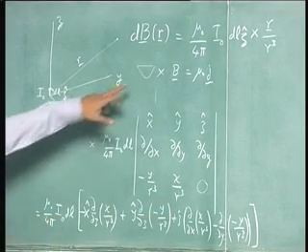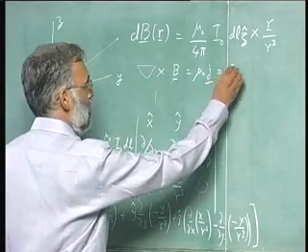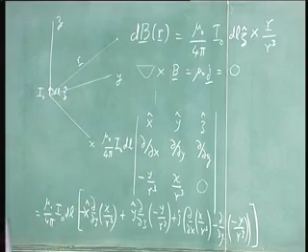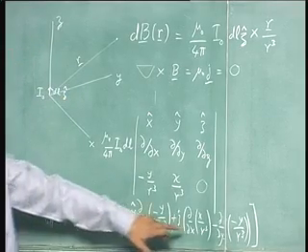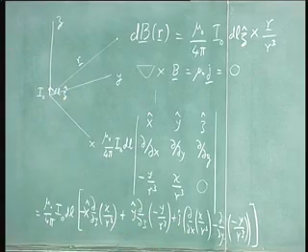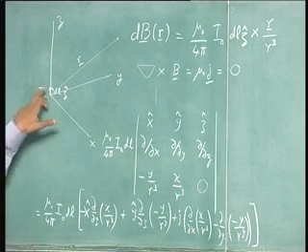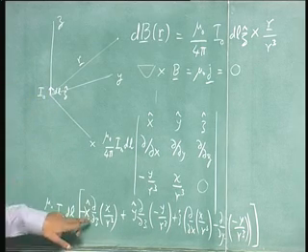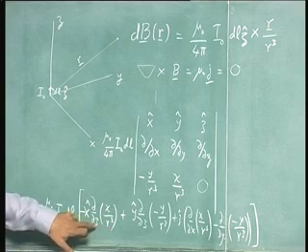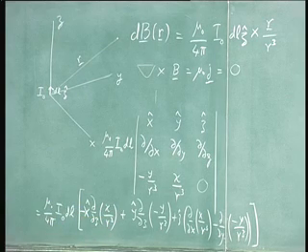Now, if this is to be 0, then each of these components must be 0 except at x equals y equals z equals 0, that is the origin, because that is the only place where we have current. But if I take the z derivative of this term, for instance, what is it equal to?